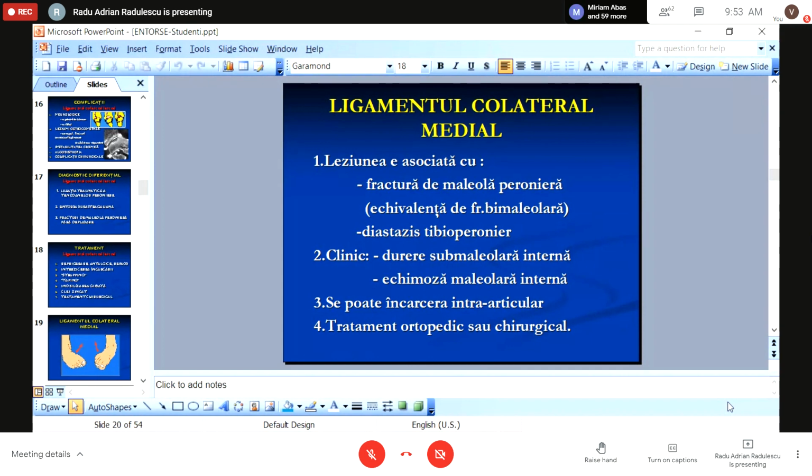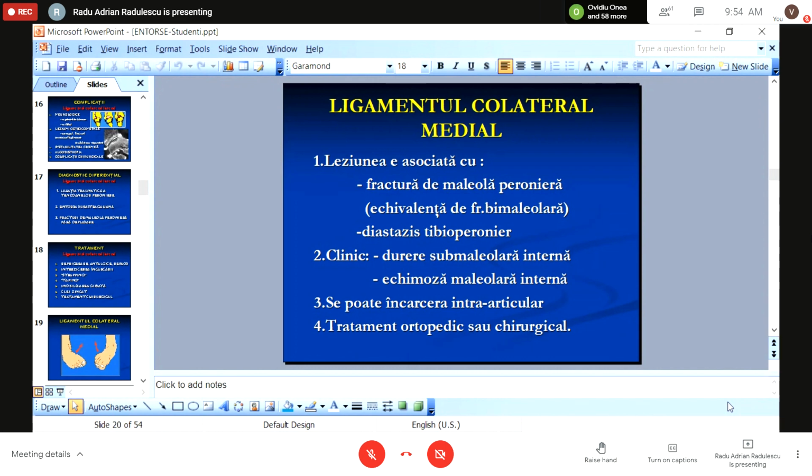We may often have the association between a fracture of the lateral malleolus and a sprain on the medial side. I mean a lesion of the deltoid ligament, which is a very often association and must be taken into consideration when we decide about the treatment.